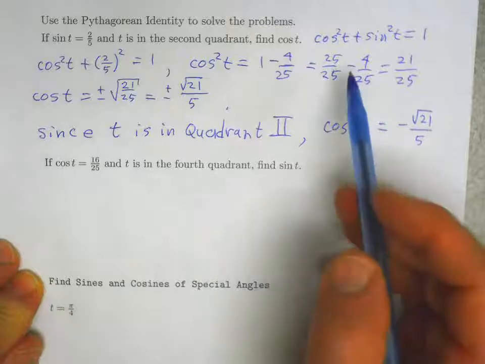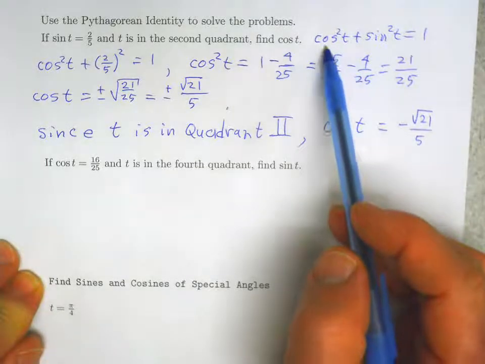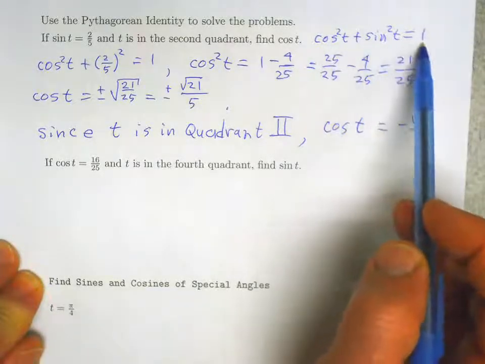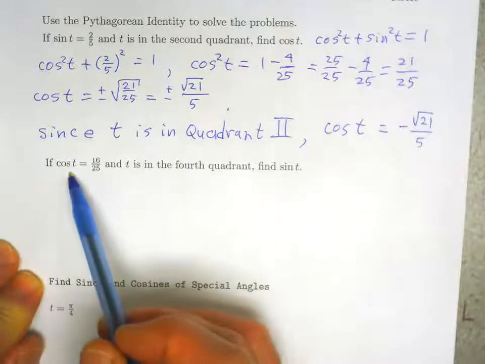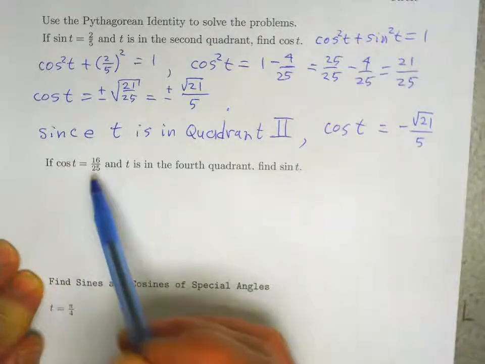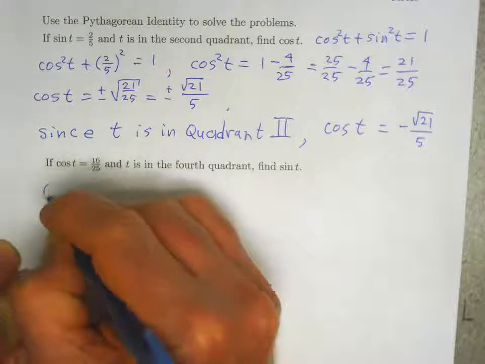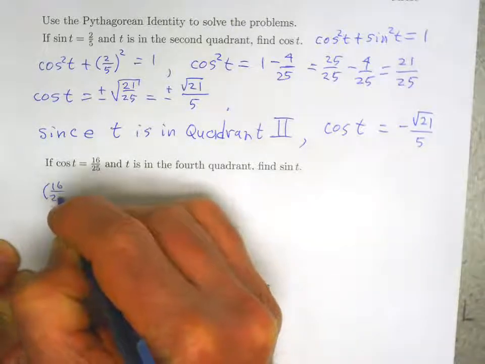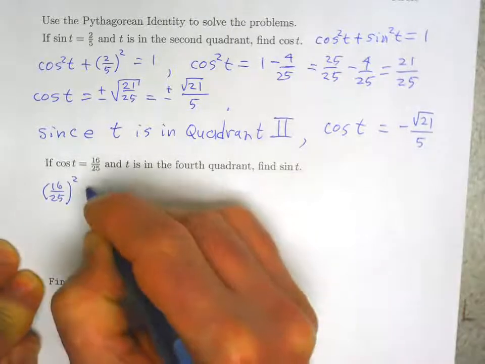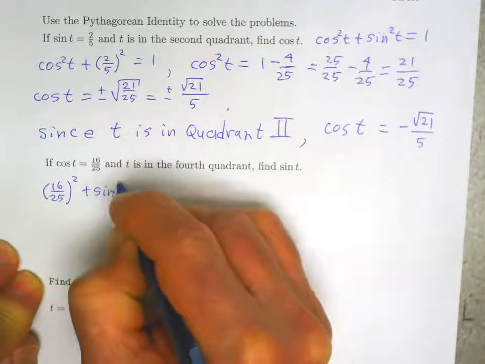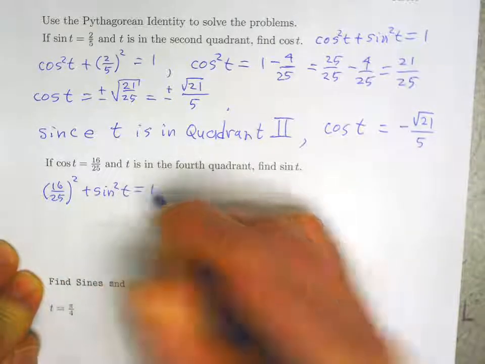Okay, so we'll use the Pythagorean identity again: cosine of t squared plus sine of t squared equals 1. And we'll replace cosine of t with 16/25. So we'll have 16/25 squared plus sine of t squared equals 1.